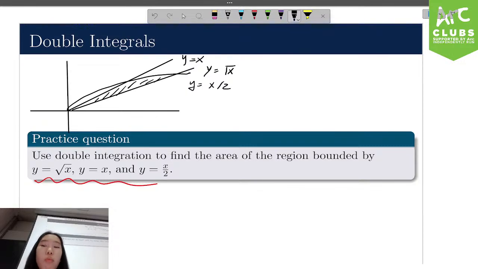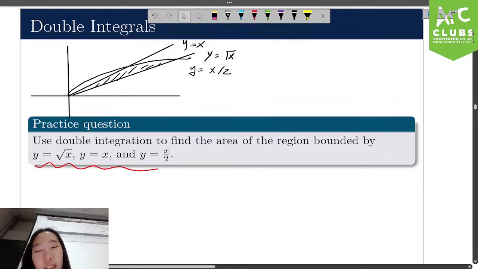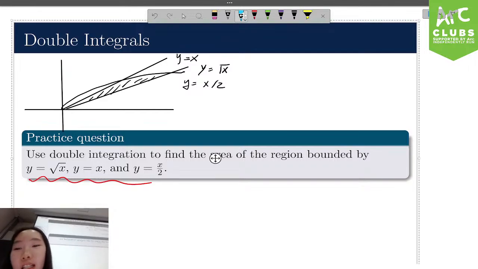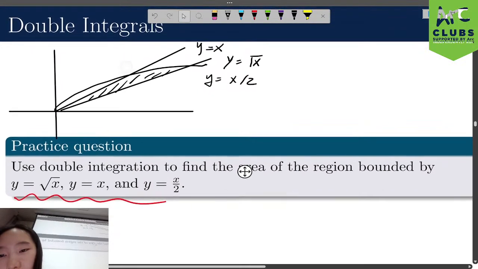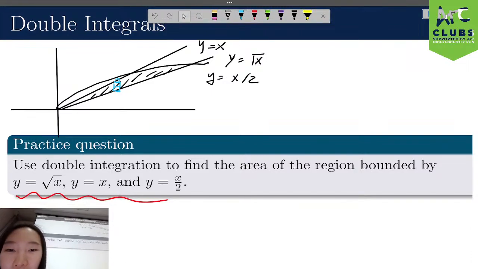If you want to represent this within one integral, it's probably not possible. For example, if we evaluate dy over a little square, then it's bounded by y equal to x first.